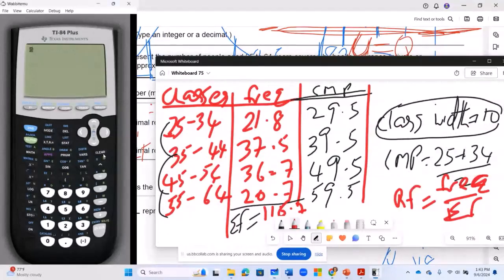And so if I'm told to find the mean of grouped data, I'll go to STAT, edit, and I will clear my L1. I'm putting all the class midpoints in one by one. L1 is the class midpoint, so 29.5, enter, 39.5, enter, 49.5, enter, 59.5, enter.